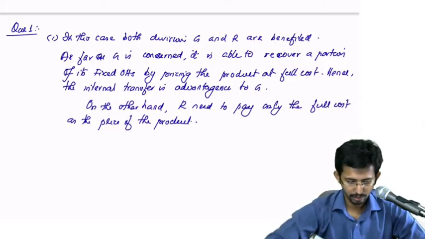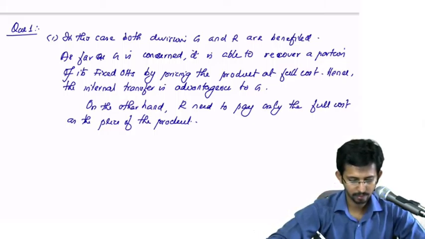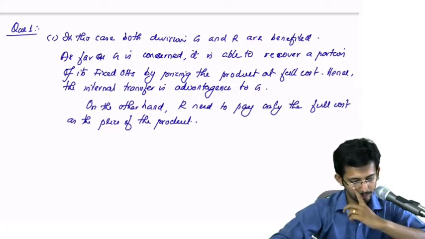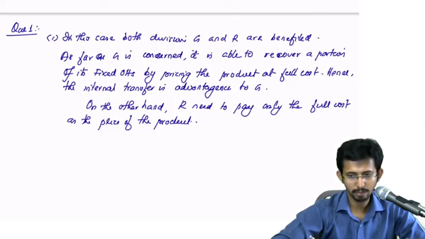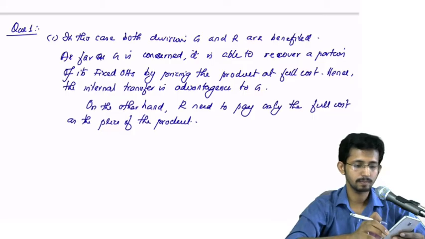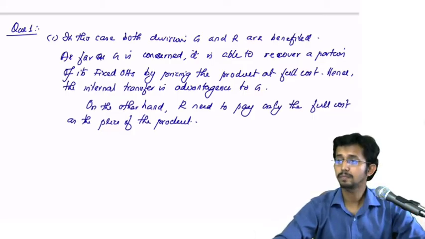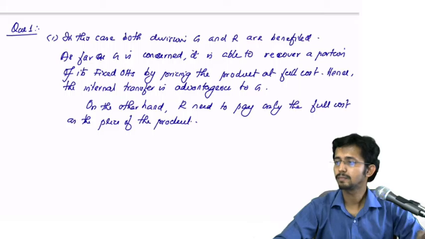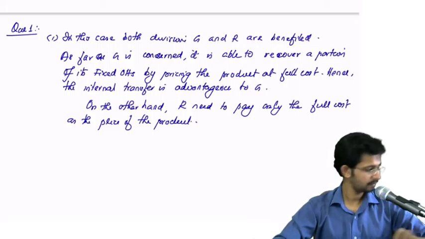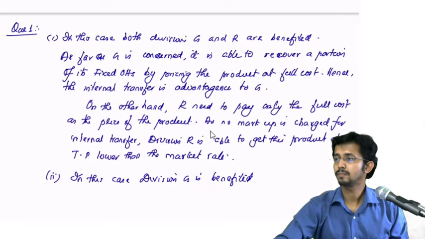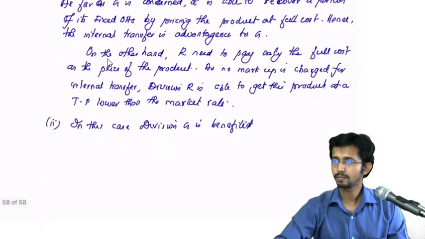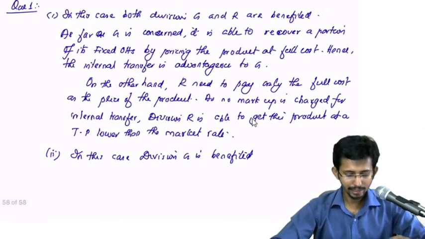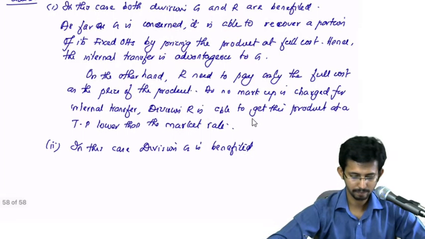Okay, so in this case, division G is benefited. Is it clear?